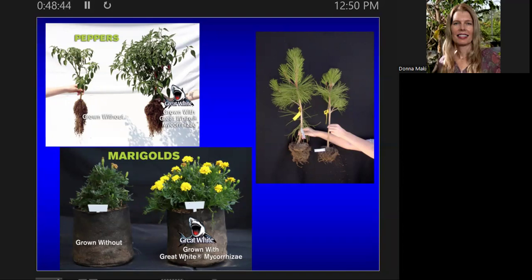Yep, I use it in my garden. There's some arguments. Some people say, well, there's mycorrhizal fungi already in your garden. Well, not my garden soil. I started with poor garden soil that I've had to amend over time. So this does make a difference for sure.